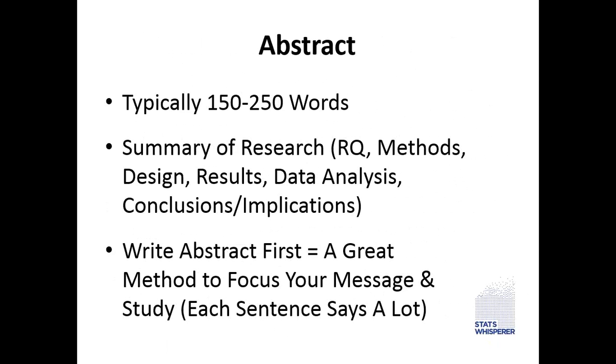You'll see each sentence says 2, 3, 4 really important things about the study. So it's a lot easier to write the rest of the manuscript if you write a really powerful abstract. You could basically write an abstract and almost expand that abstract into the entire rest of the manuscript.